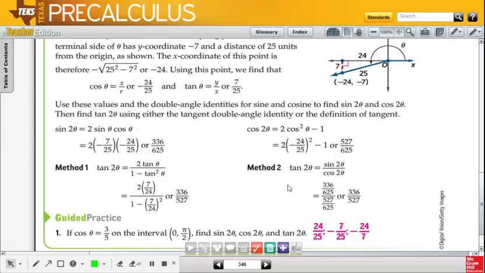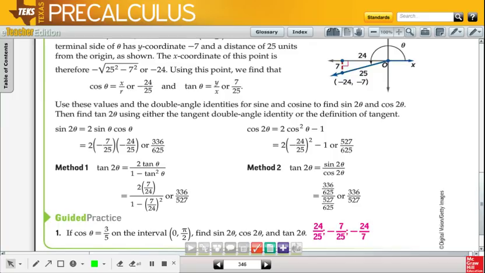All right, now tangent of 2 theta. Method 1 is using the identity that was mentioned before. Tangent of 2 theta is equal to 2 times tangent of theta over 1 minus tangent squared of theta. So you're just going to plug in the value of tangent theta, which is 7 over 24, and work it out.